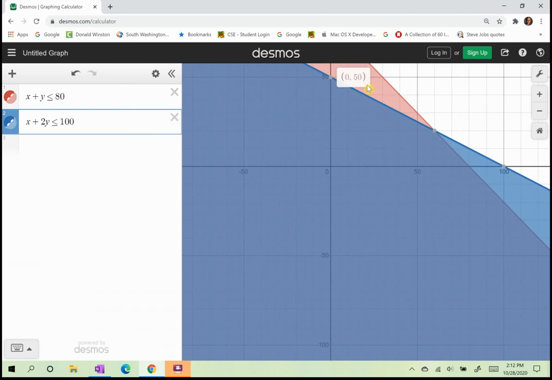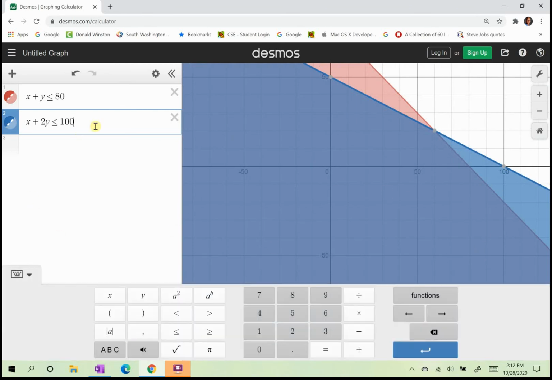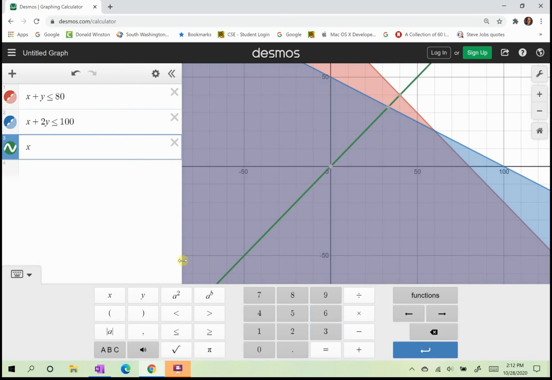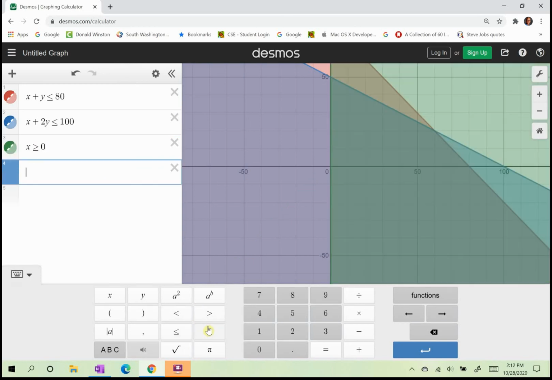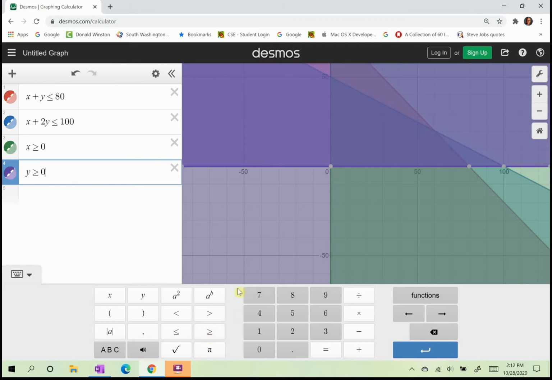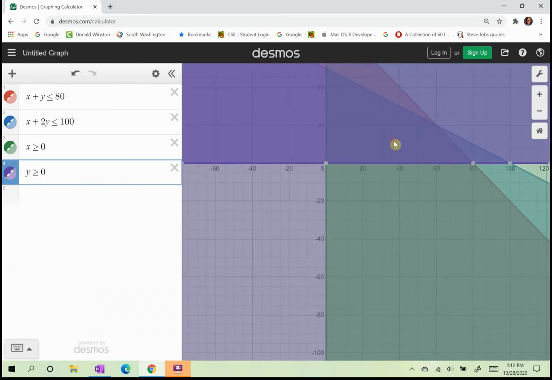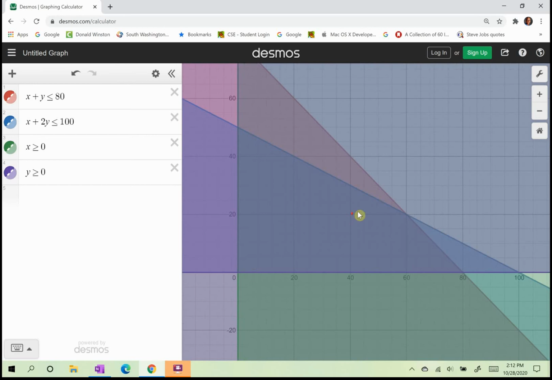The feasible region now looks like that dark purple, but we have to add in our non-negative constraints. So X has to be greater than or equal to 0, and Y has to be greater than or equal to 0. And now you see our feasible region is the dark purple there.